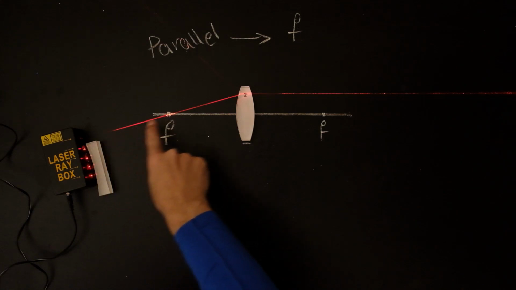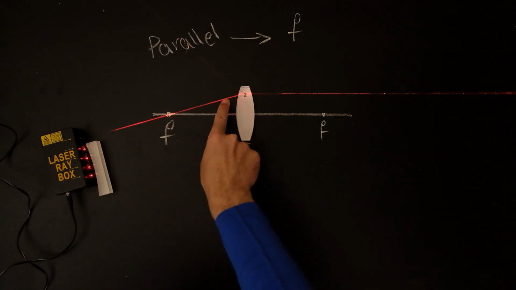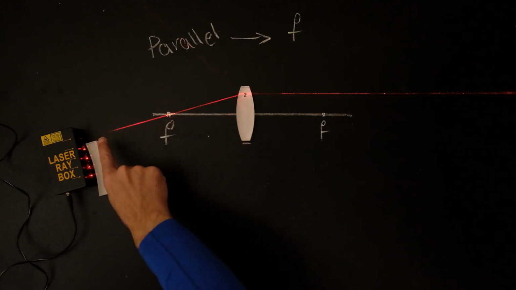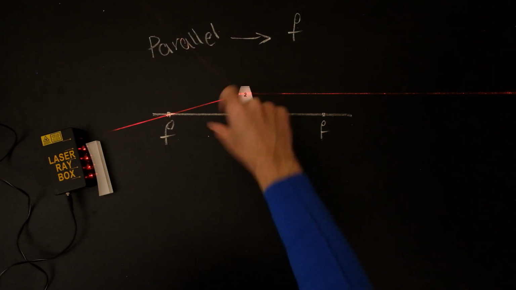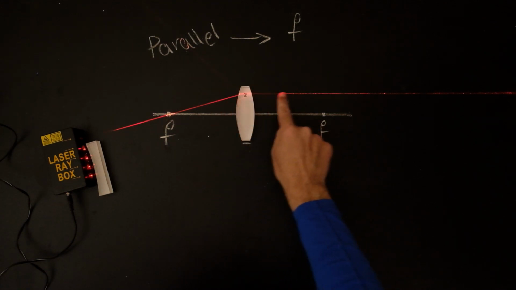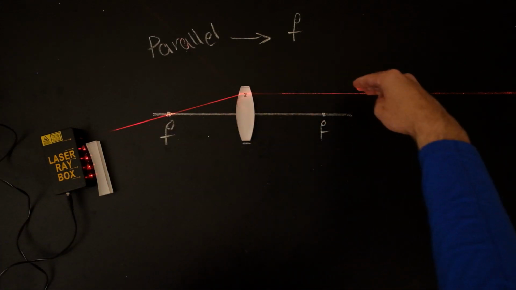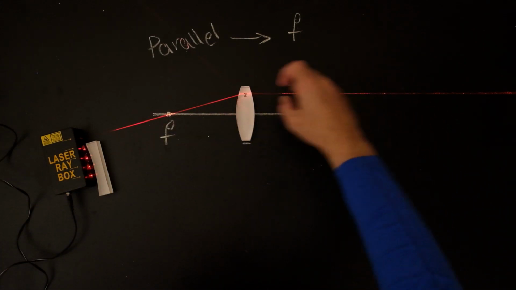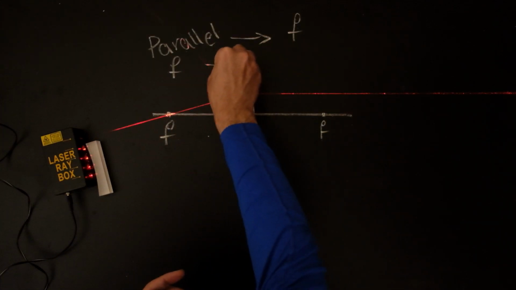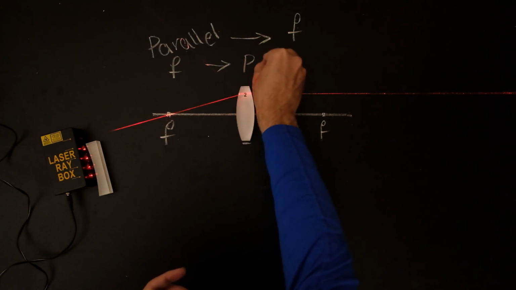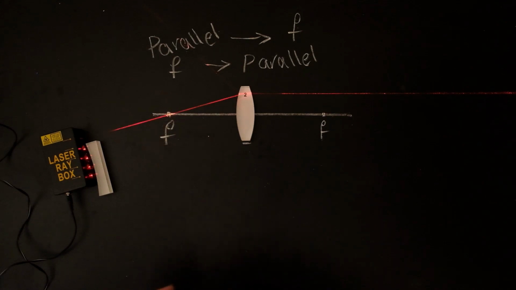We have incoming light ray, and this incoming light ray is going to F. So going to F hits the lens. Then we have parallel light ray. So F parallel with respect to the main axis. F on main axis. So if I have F, it will go parallel.